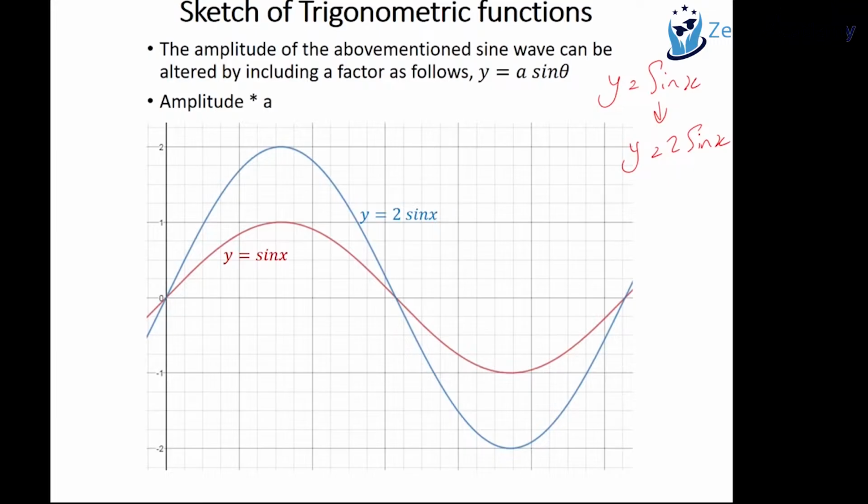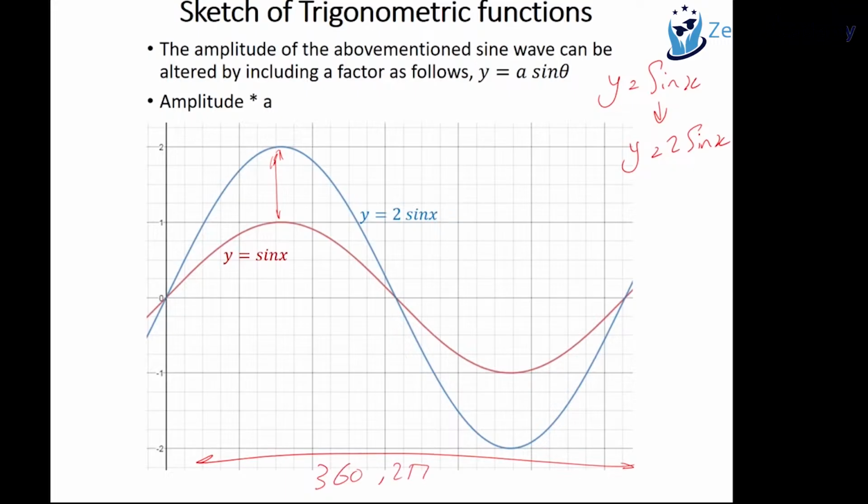So the maximum height, or the maximum y point of my function, is now going to be 2 times 1, which is 2 instead of 1. That's going to be the main difference between sine x and 2 sine x. But the wavelength is still the same, 360 or 2 pi.